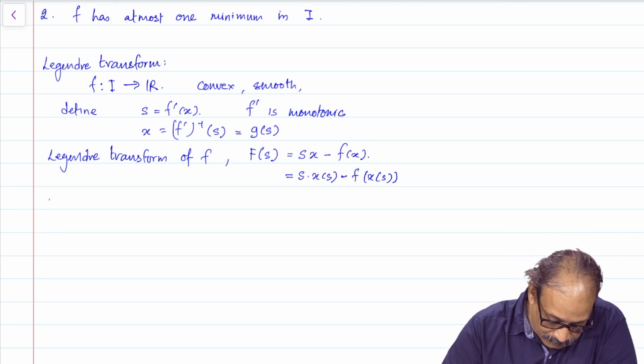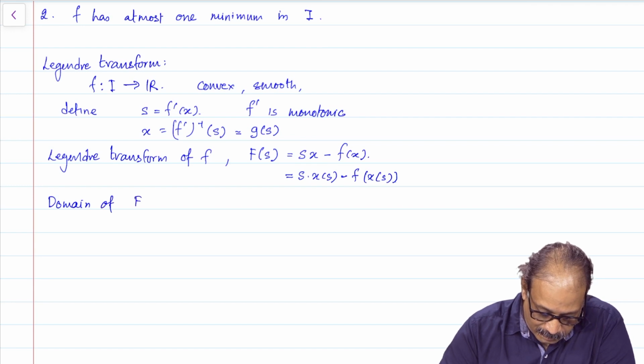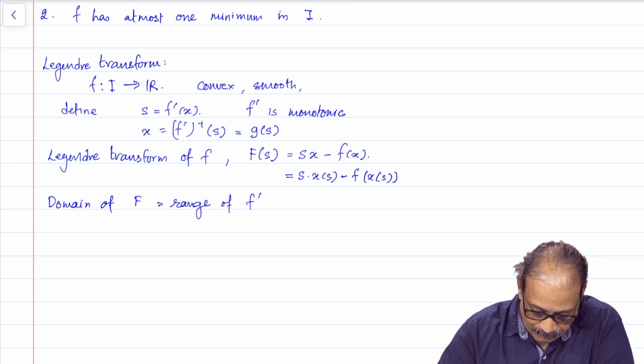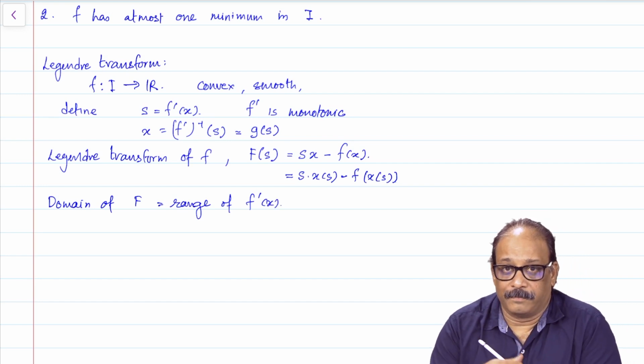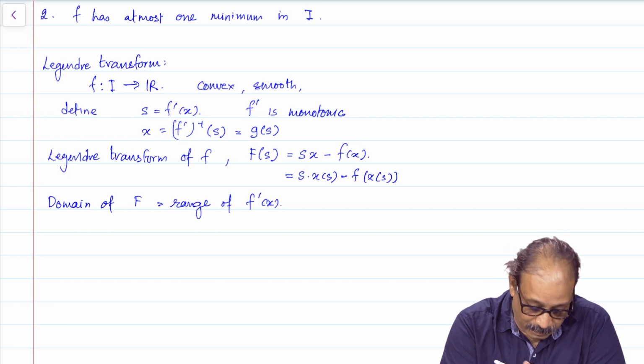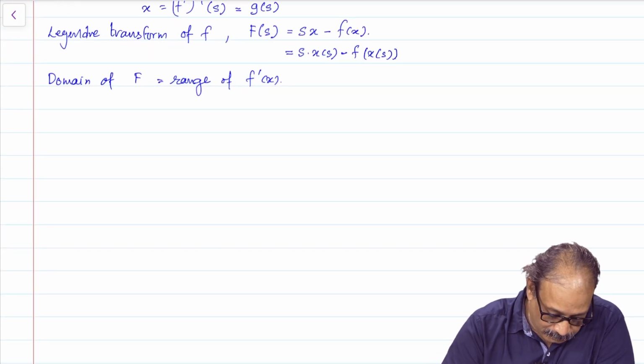So, the domain of this function is clearly range of f prime of x. Okay, that is the map into s variable. Okay. Immediately look at examples.